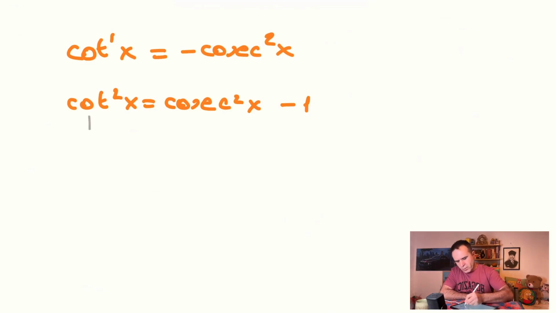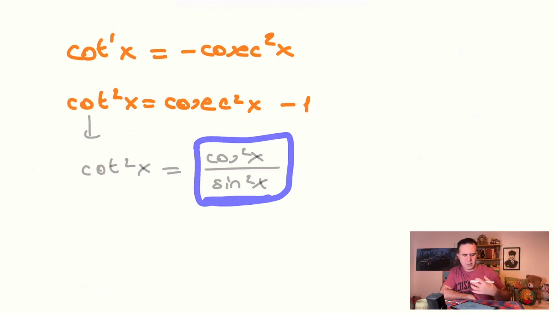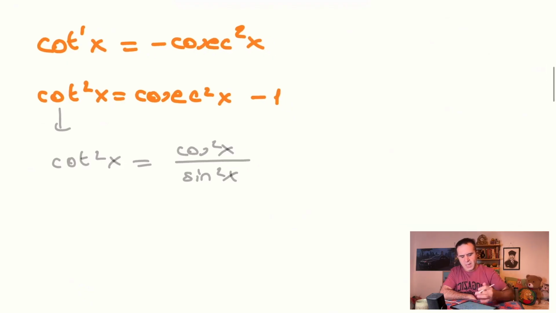And for the cotangent square of x, let's say it here, cotangent square of x is equal to cosine square of x over sine square of x. You may not remember this equation, and you will do what I show you here. You know that sine square of x plus cosine square of x equals 1.